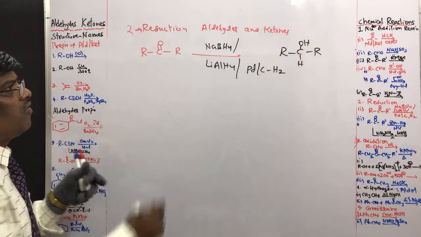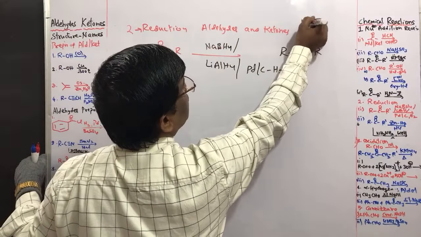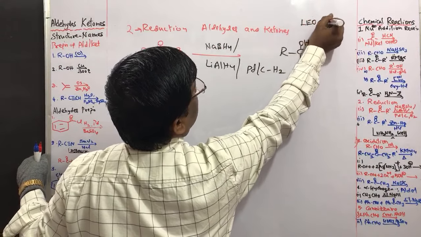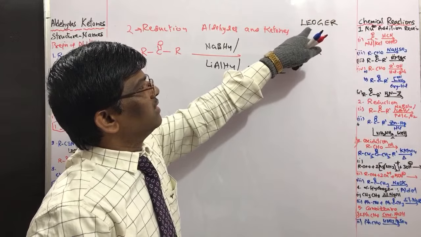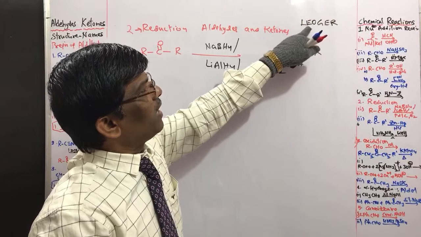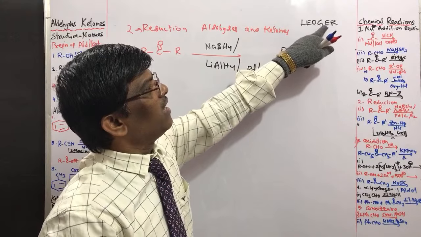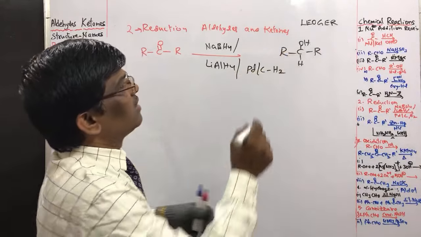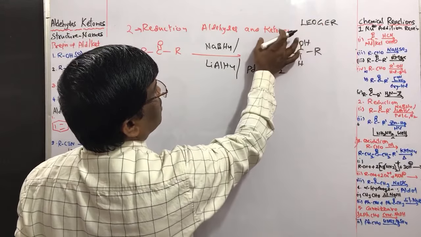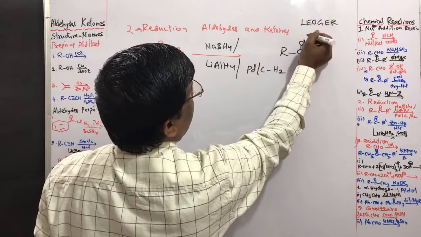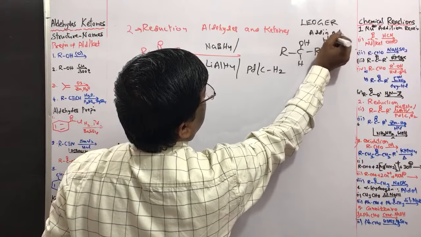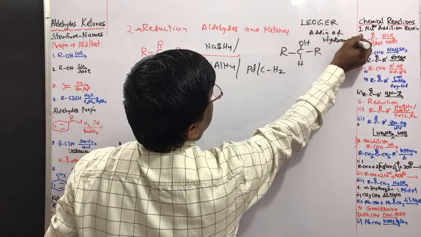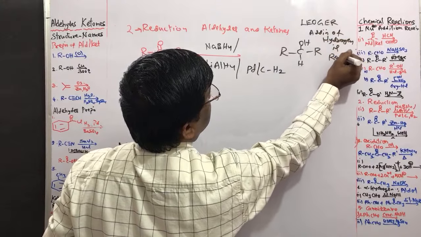So what is reduction? Just now what I said, stick on to LEO-GER. Loss of electrons is oxidation, gain of electrons is reduction, or addition of oxygen is oxidation, and here addition of hydrogen is reduction.